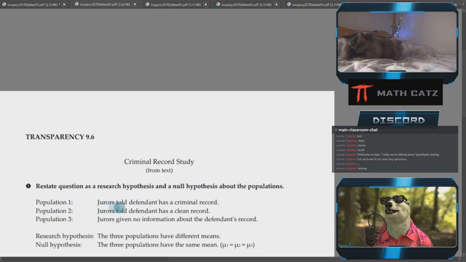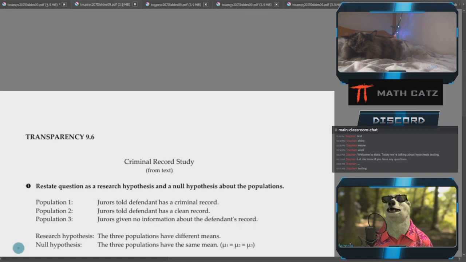The first group got information that the defendant has a criminal record. The second group had information that the defendant has a clean record. And the third group got no information at all. We want to investigate if that information affects the juror's decision.